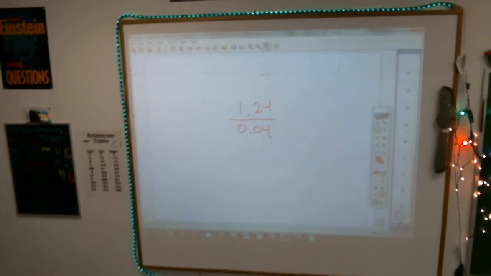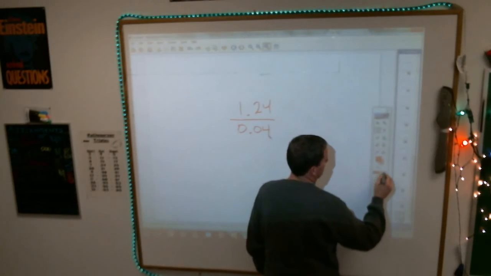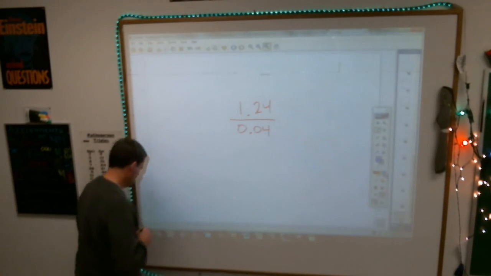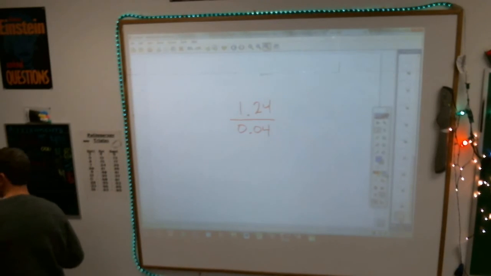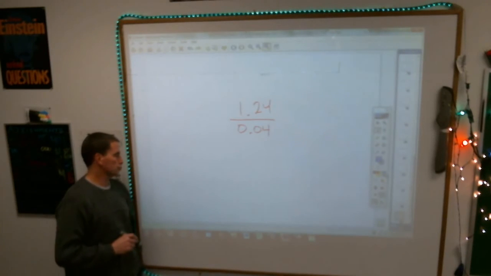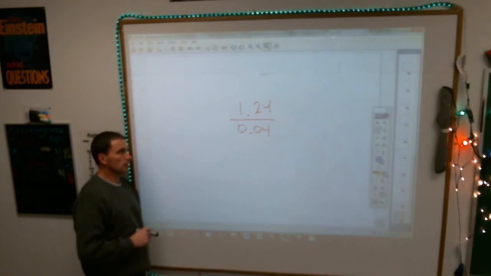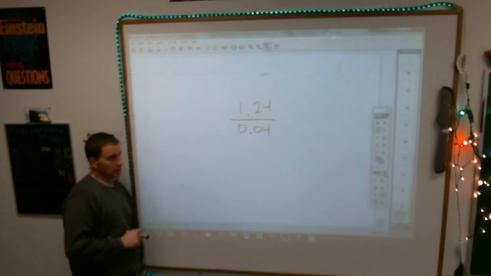Tell me what you get for an answer to that. Rand says 31. Anybody else say 31? Somebody say something else? Well, let's look.